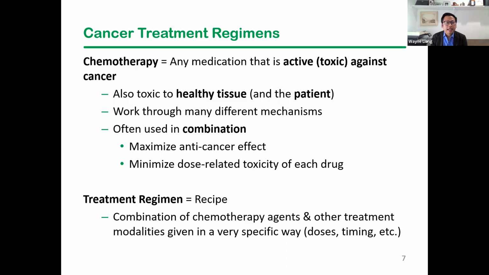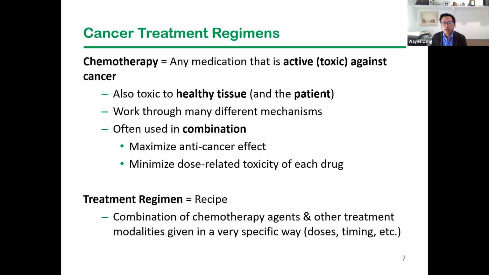So when we talk about cancer treatment regimens, what we mean by that is some basic vocabulary. When we say chemotherapy, we mean any drug, any medication that is active or toxic against cancer. And as I described, it's also toxic to the person, to the patient. They work through a variety of mechanisms.